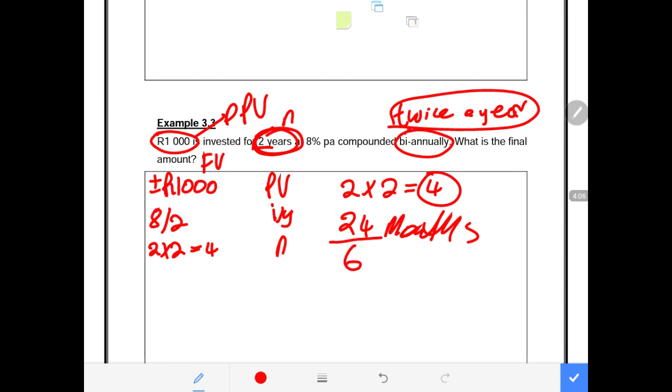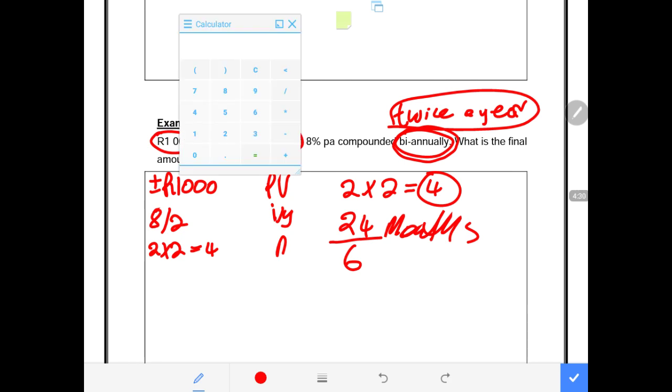Biannual means 2 times a year, meaning there are two 6-months in a year. So 24 months divided by 6, because one compounding period is 6 months, half a year. If you say 24 divided by 6, this should also give us 4.